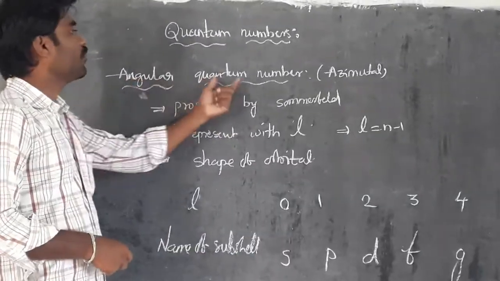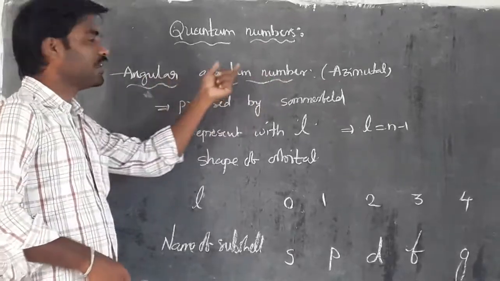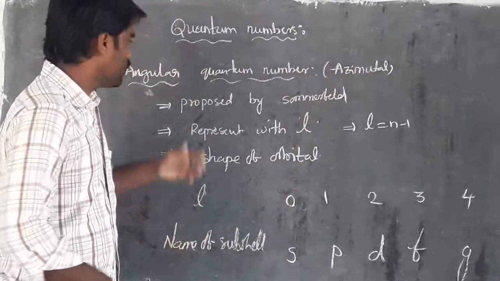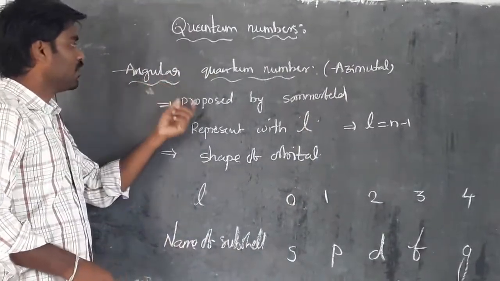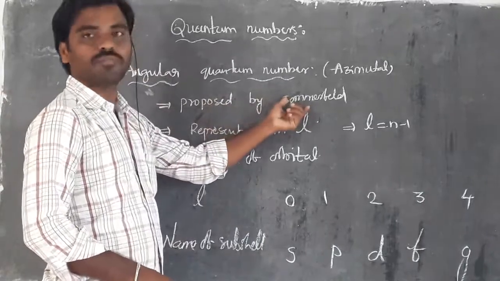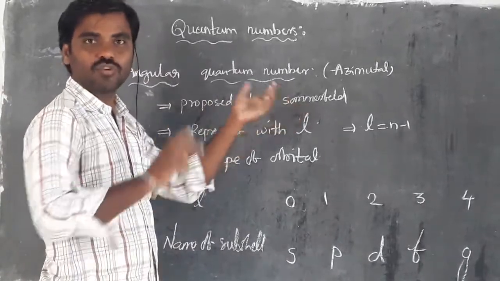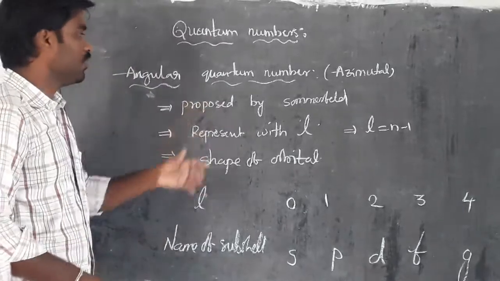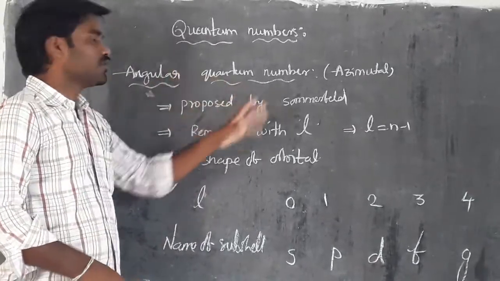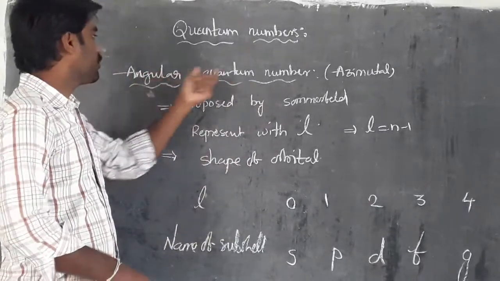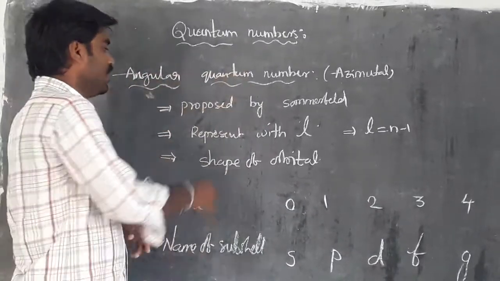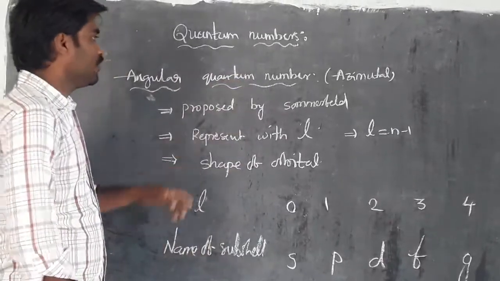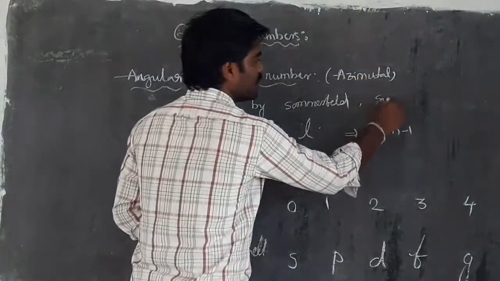Next, the angular quantum number, also known as the azimuthal quantum number. It was proposed by Sommerfeld. We already discussed the Bohr-Sommerfeld model about the elliptical orbits. This quantum number gives information about subshells.